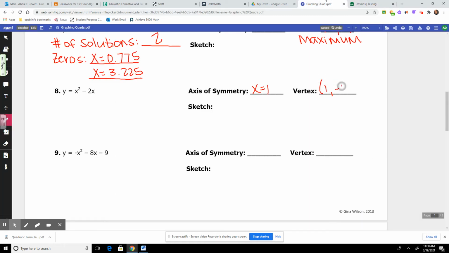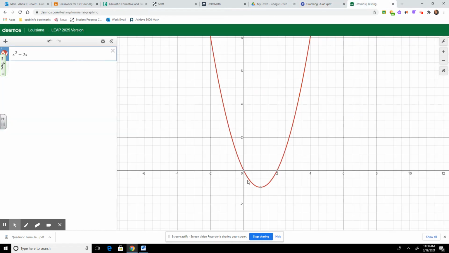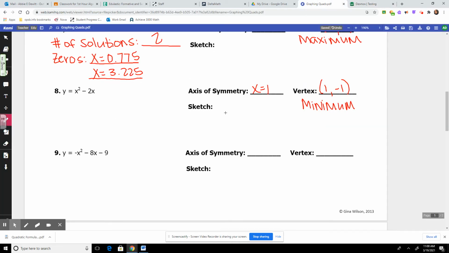And my vertex is going to be a minimum, because that is the minimum point of this graph. Okay, and you can sketch it there if you choose to. The number of solutions and the zeros.